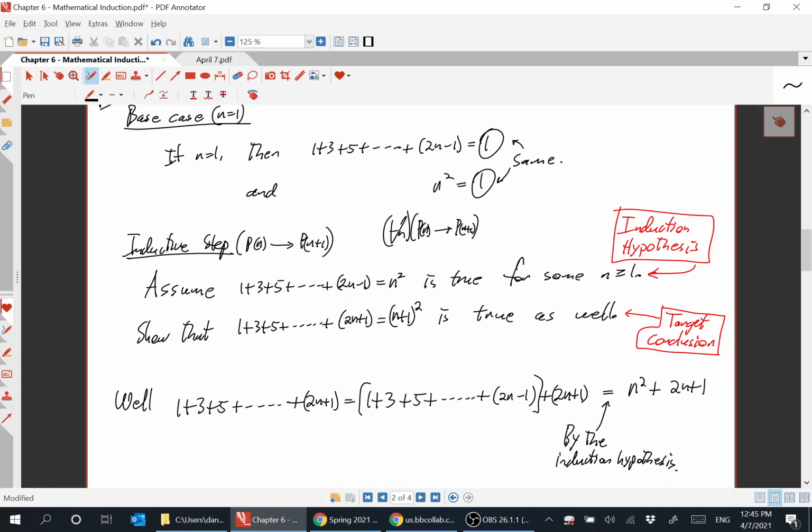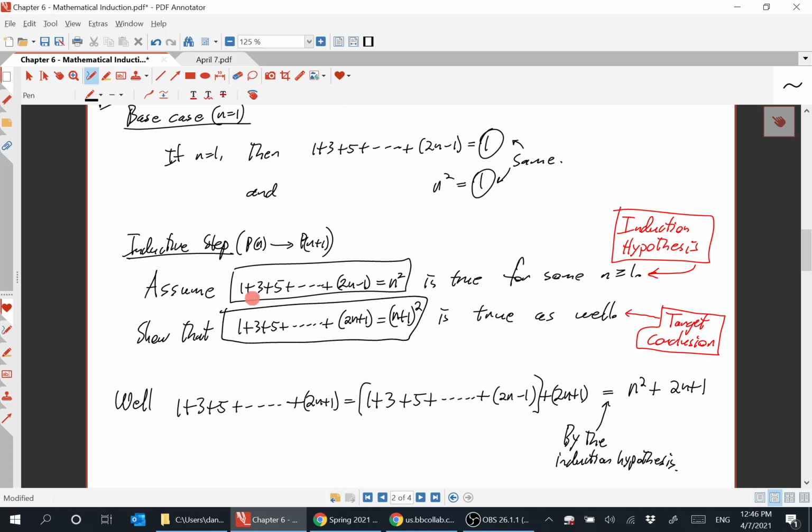So 1 plus 3 plus 5 plus 2n minus 1 equals n squared. That's true for some n. That's called the induction hypothesis. And then this is the target conclusion. Show that Pn plus 1 is true. What is Pn plus 1? This is Pn. So substituting n plus 1 for n, you get that. That's Pn plus 1.